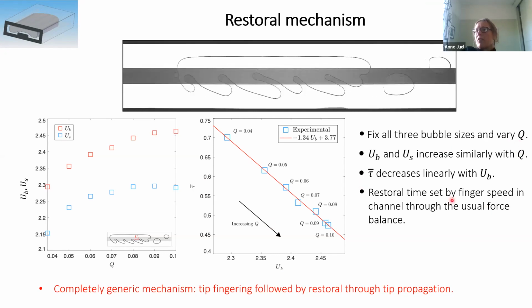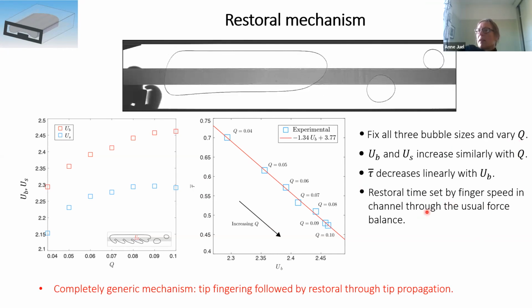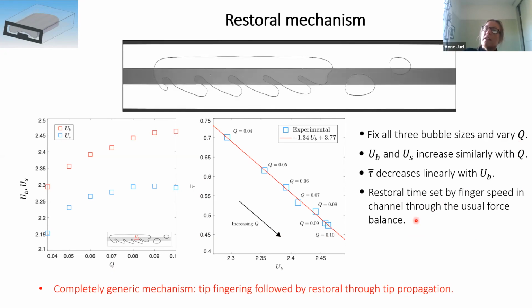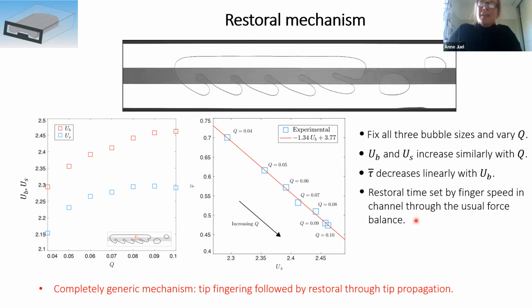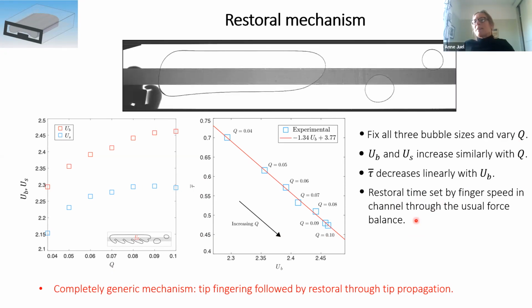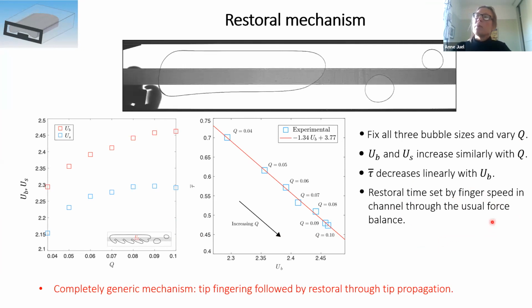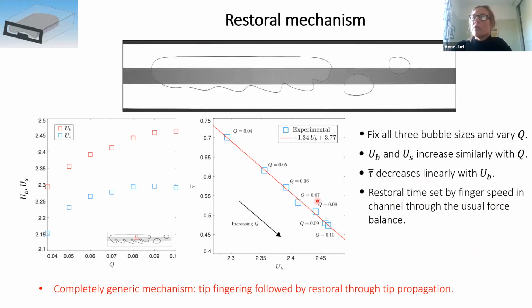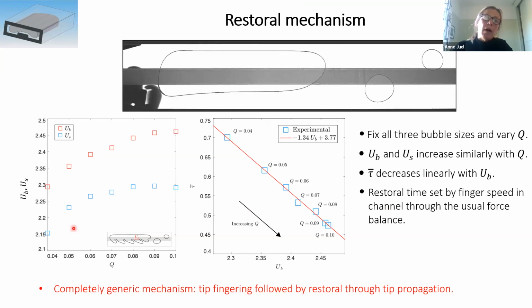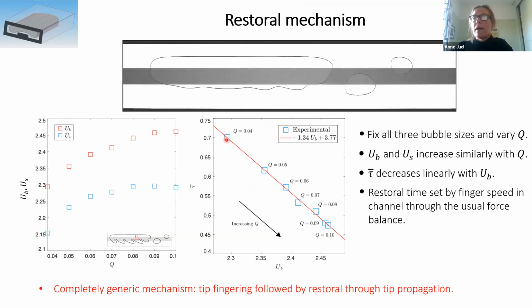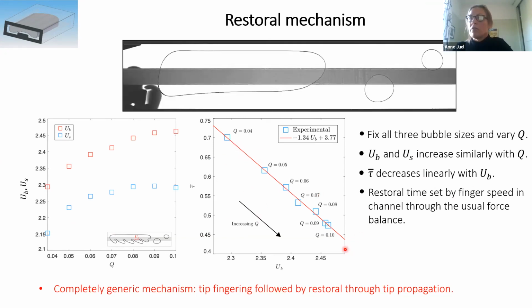And that essentially tells you that you don't need an additional time scale in this system. All you need is restoral set by the finger speed in the channel through the usual force balance. And so essentially you have a tip instability, and then the fact that the finger propagates is enough to restore your interface.